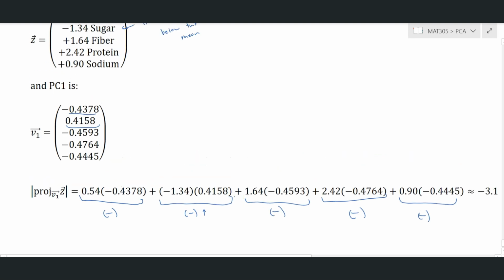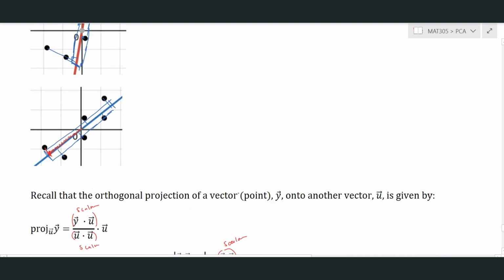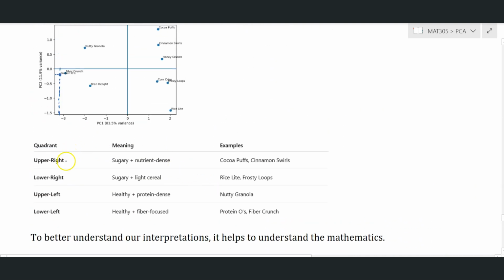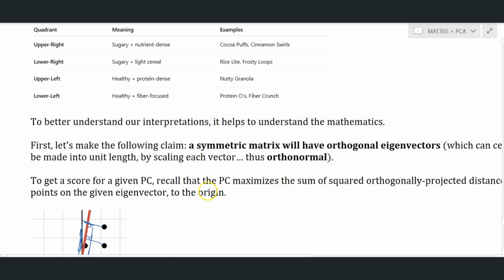And I wanted you to see this because just telling a person that upper right represents sugary and nutrient dense. Again, maybe these aren't the best words to use here, because what do I mean by nutrients? Sodium, I guess, would technically be a nutrient. Calories, I don't know if those are nutrients. But anyway, these are just some of the words that we could use to describe this.